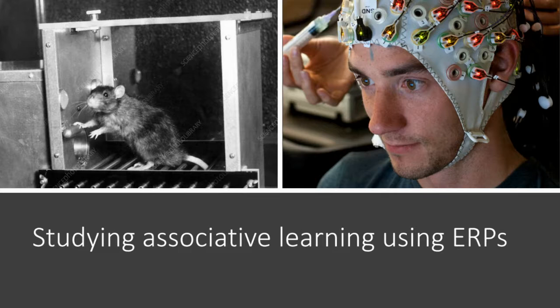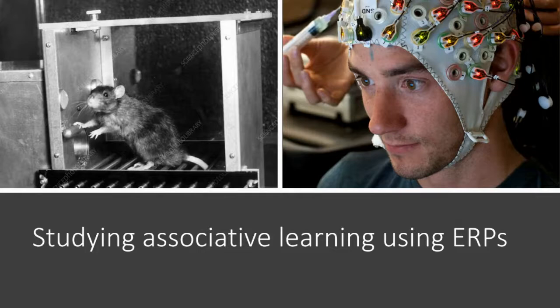My thesis dissertation was about cue competition, about blocking, and some obscure terms that only we people in associative learning actually understand. And at some point in my career, I started to use event-related potentials to investigate this associative learning phenomenon, the associative learning processes.